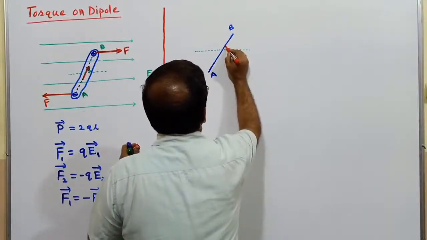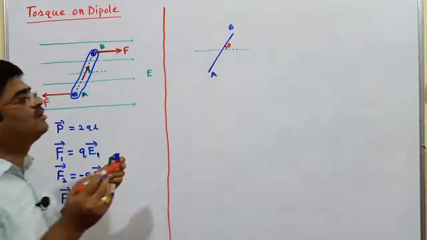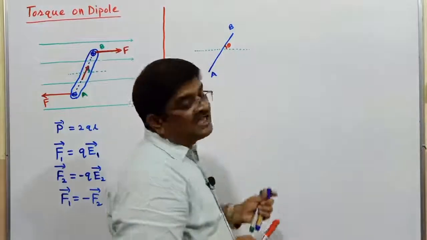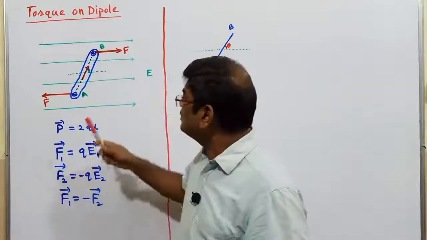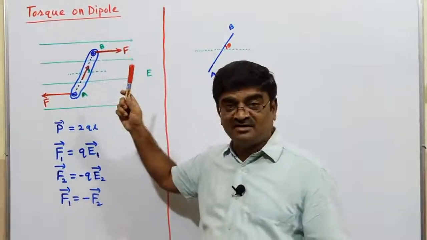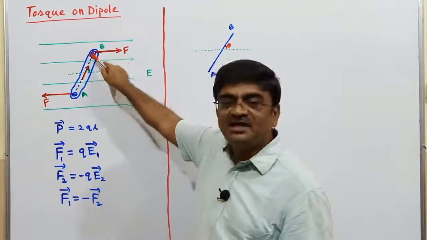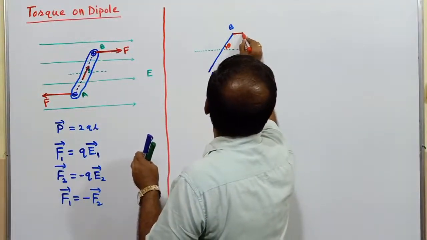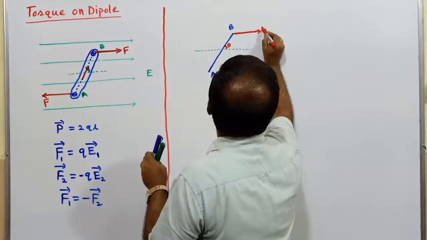And I have mentioned that the axis of the dipole, or dipole moment, is making an angle theta with the electric field. I could also see in the figure that there are two forces acting. One force is at B, that I will show here. This is the one force F.